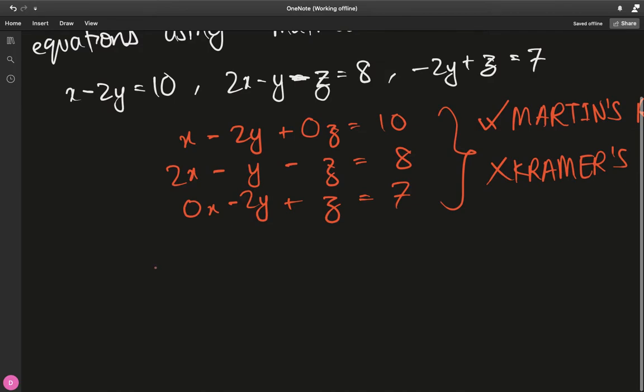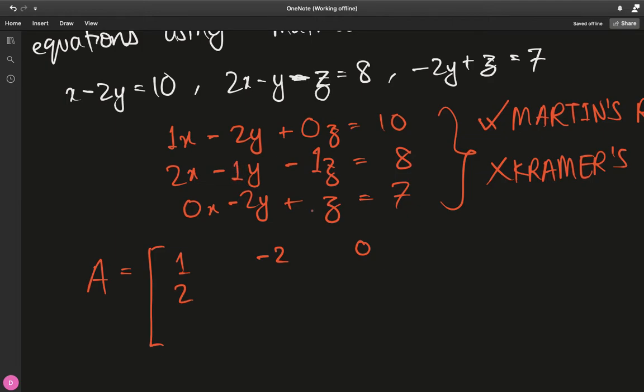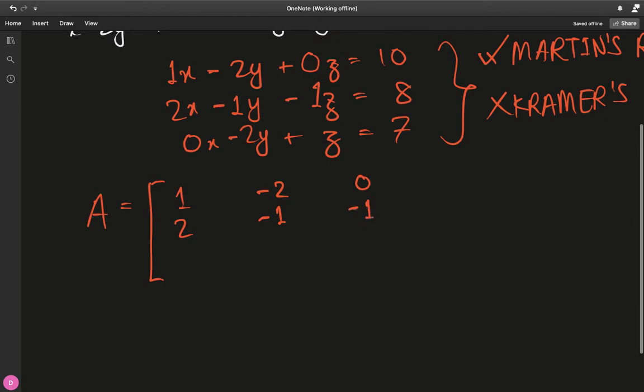So now just looking at the coefficients, I'm going to determine a matrix A. The coefficient of x over here is 1, and then the coefficient of y is negative 2, and then the coefficient of z is 0. Now look at the second equation: the coefficient of x is 2, of y is negative 1, of z is negative 1.